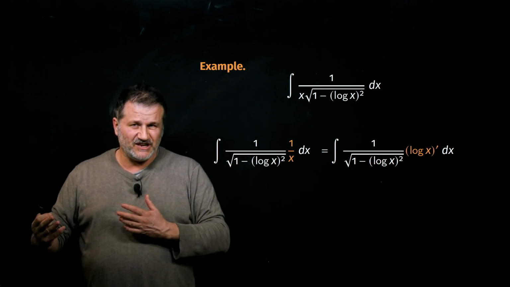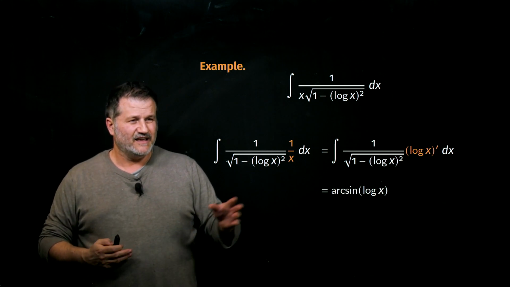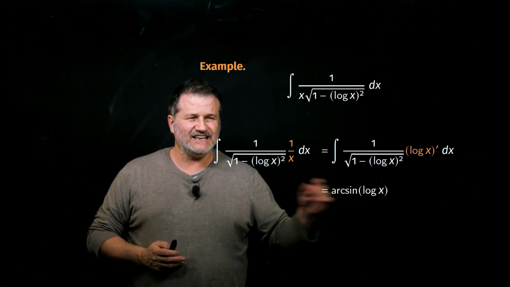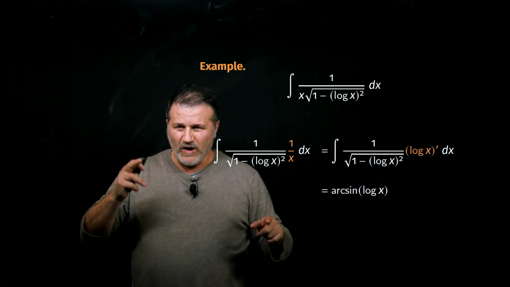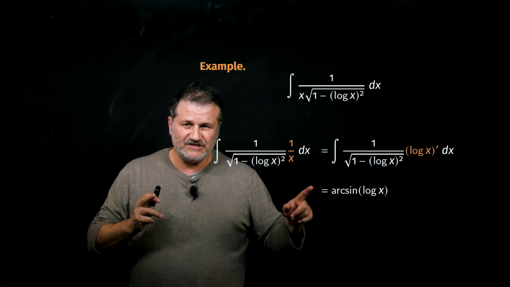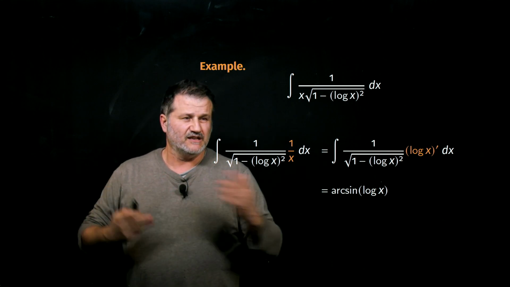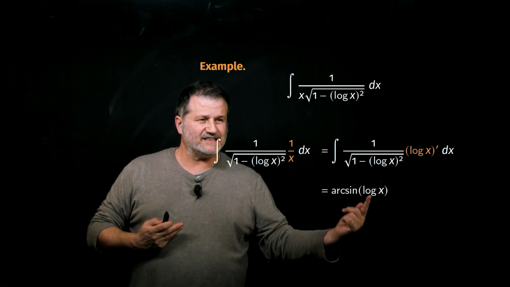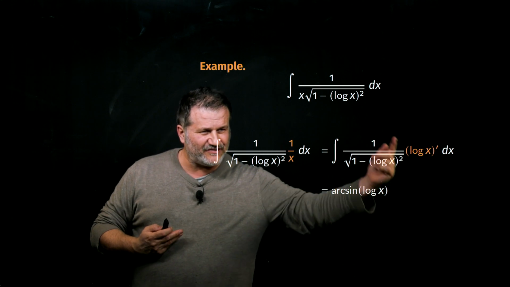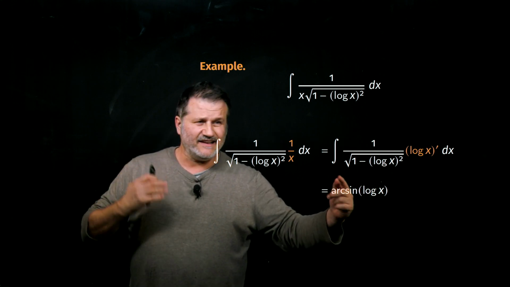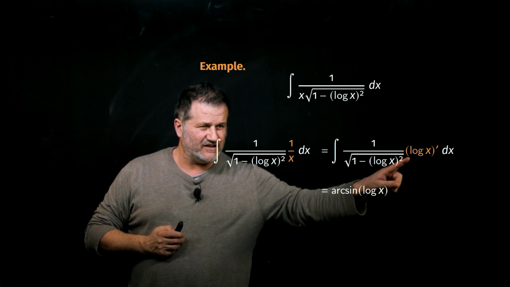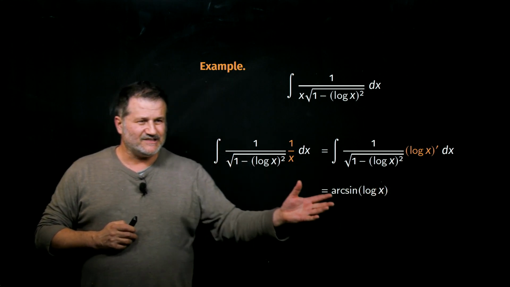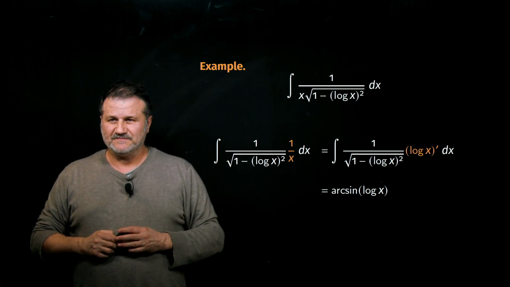When you differentiate the arcsine. And in fact, if you differentiate arcsine of log x, you get the derivative of arcsine, 1 over the root of 1 minus the square, square of what? The argument here, which is log x. So you get exactly this fraction here. Then you have to multiply by the derivative of the argument of the arcsine, which is 1 over x, here. And that's why we get arcsine of log x.